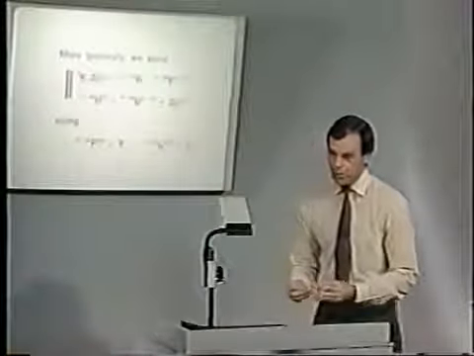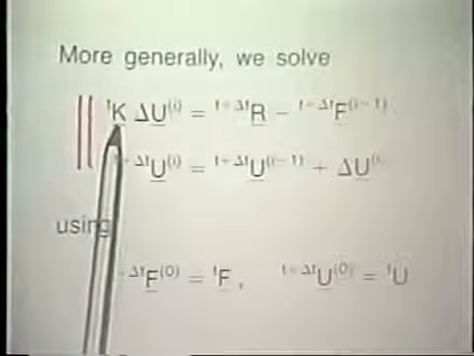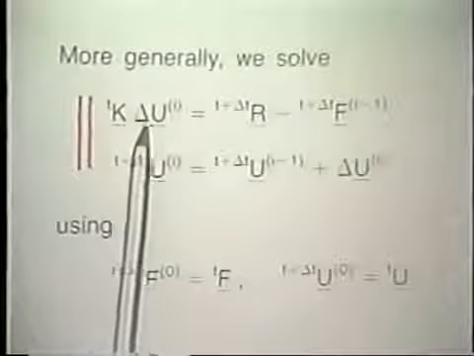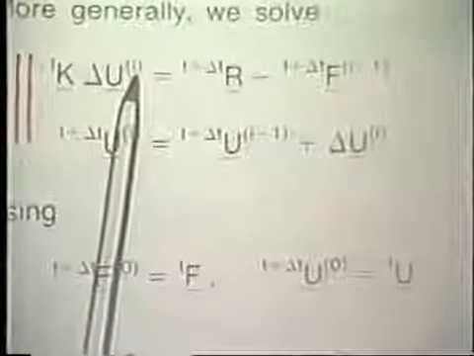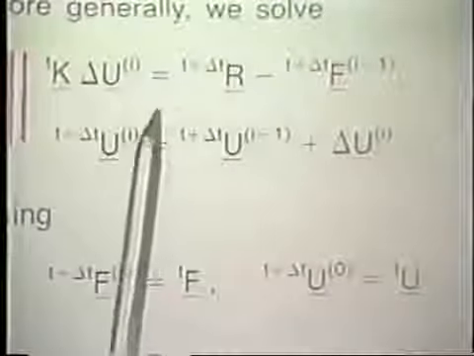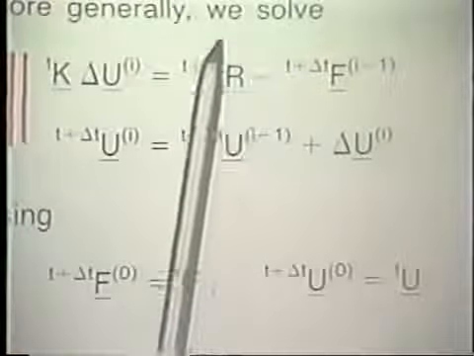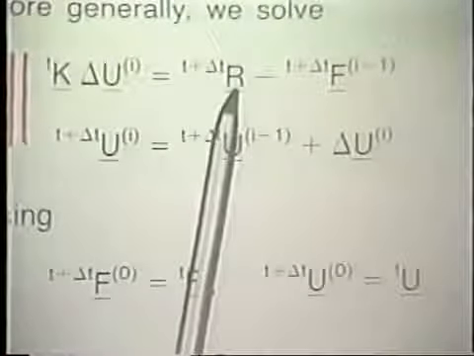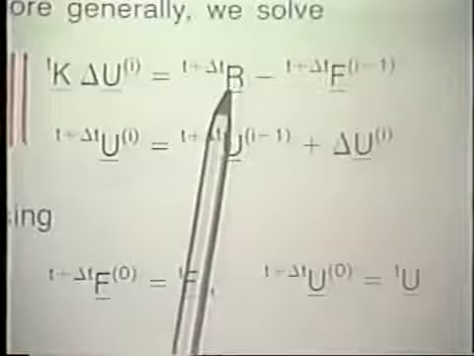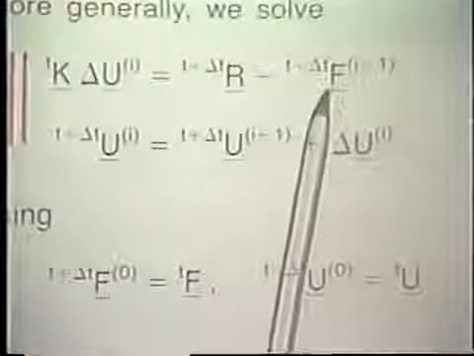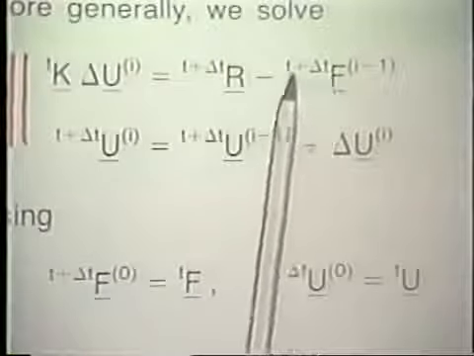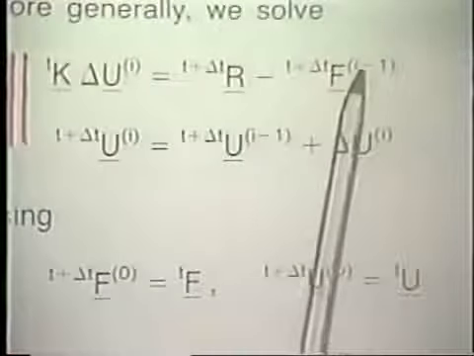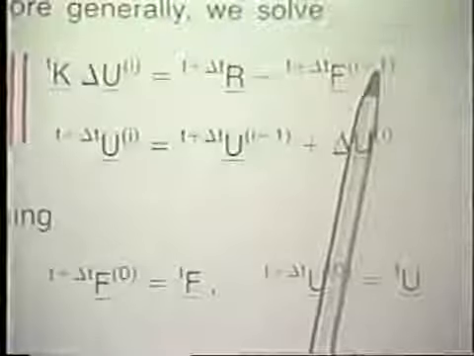And more generally, we want to solve this set of equations. Tangent stiffness matrix, still on the left-hand side, times a displacement increment corresponding to the iteration i. And on the right-hand side, we have the load vector corresponding to the loads at time t plus delta t, and the nodal point force vector corresponding to the internal element stresses at time t plus delta t and at the end of iteration i minus 1.